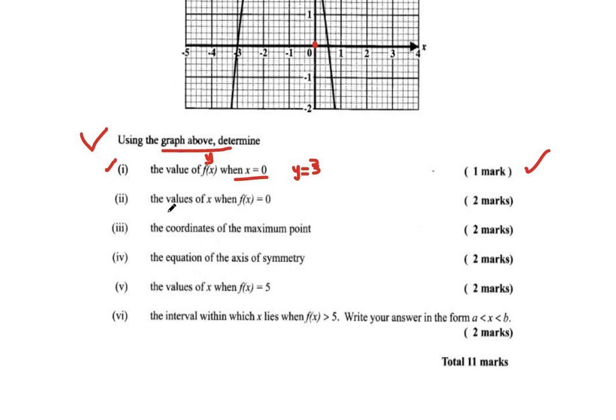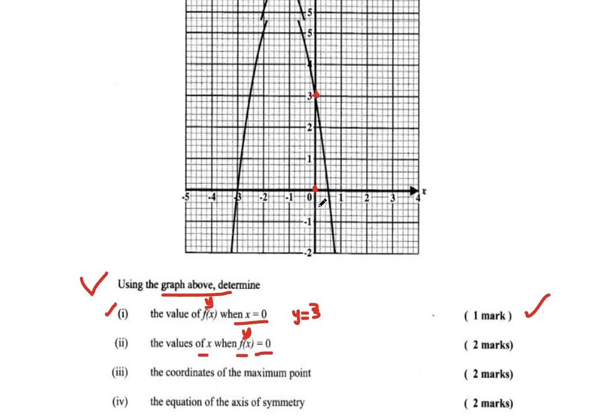Number 2, we are asked to determine the values of x when f of x is equal to 0. In other words, we're asked to find the x values when y, which is f of x, is equal to 0.